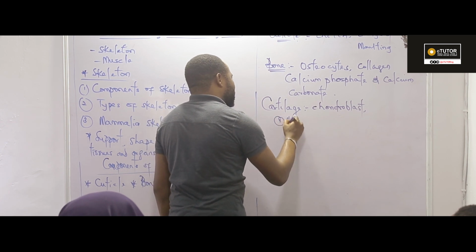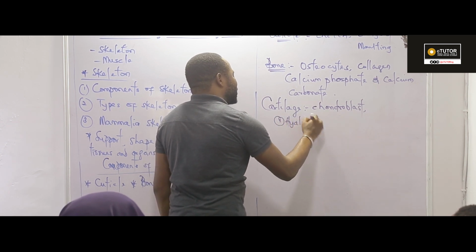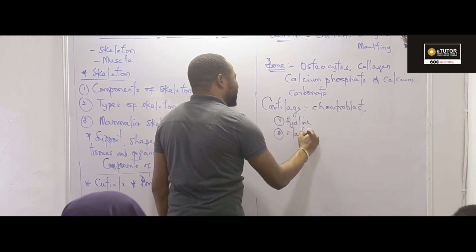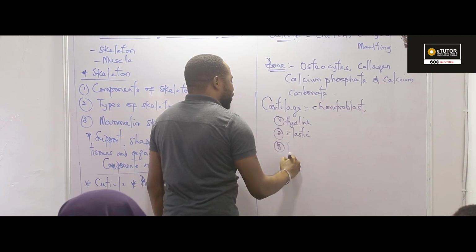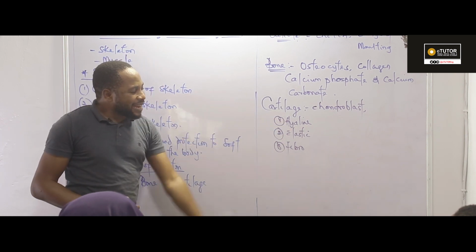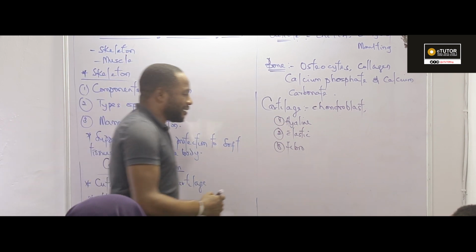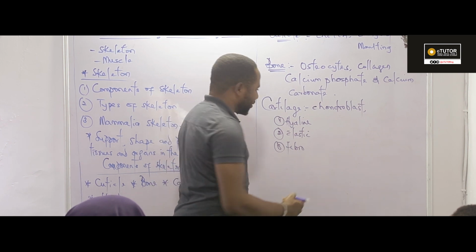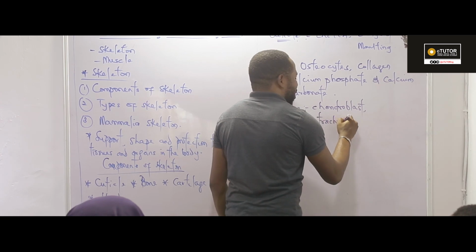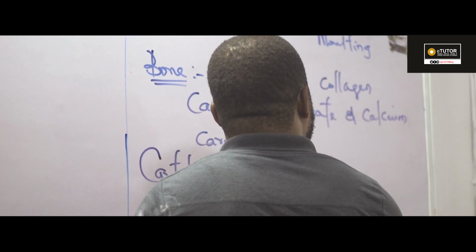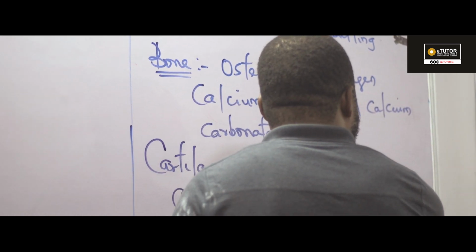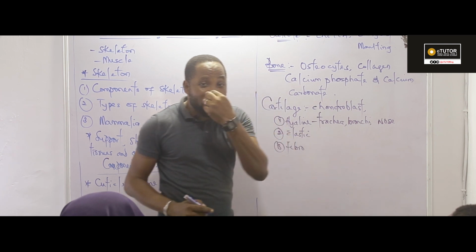There are 3 types of cartilage. Number 1, hyaline cartilage. Number 2, elastic cartilage. And number 3, fibrocartilage. Hyaline cartilage is found in parts of the body like the trachea, the bronchi of the lung, and the protruding part of our what?